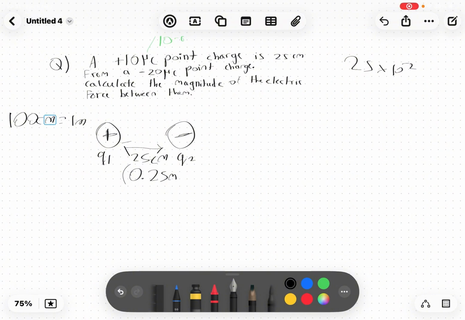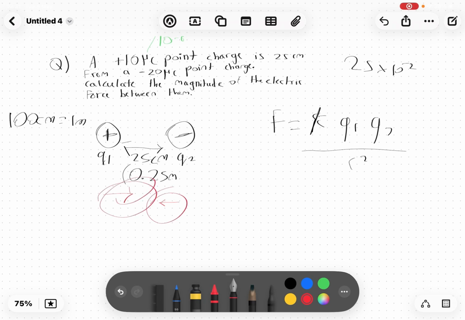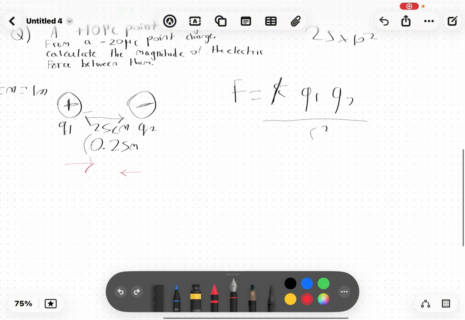F equals K Q1 Q2 divided by R squared. Also, just a quick notice, these two are opposite, so they attract, and in this type of question the forces will be equal. So let's quickly do everything.